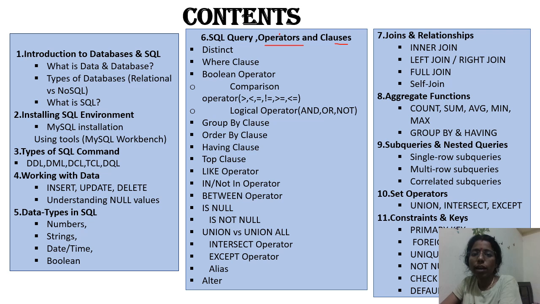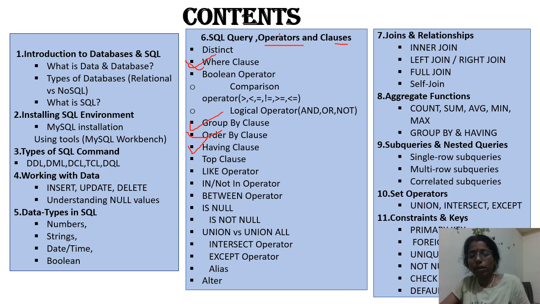That comparison and logical operator comes under boolean operator. Then group by clause, it is a very important part: group by, order by and having. And where also, no doubt, it is used very commonly.